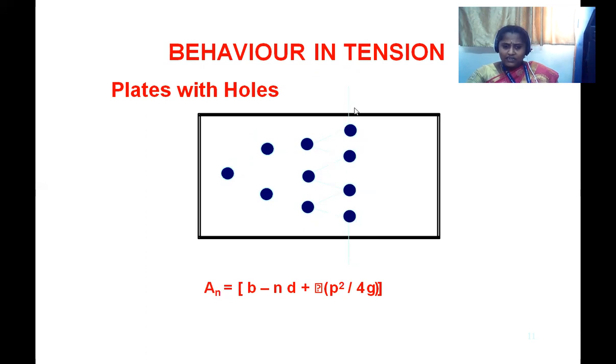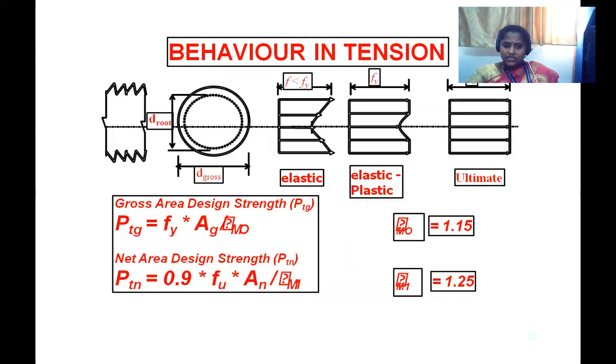To avoid that, instead of one row, you go for different rows with fewer bolt holes at a particular cross section, so as not to weaken the section.